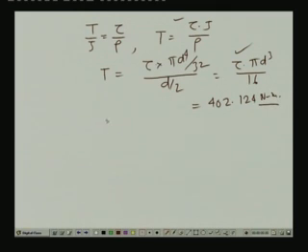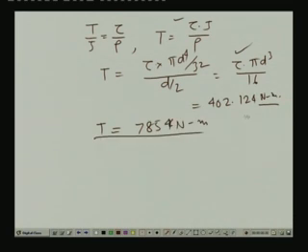And for the second case, when the diameter is 50, T comes as 785.4 Newton meter. Obviously, you will have to apply this much twisting moment so that it can resist both. So, this is the value of the twisting moment.